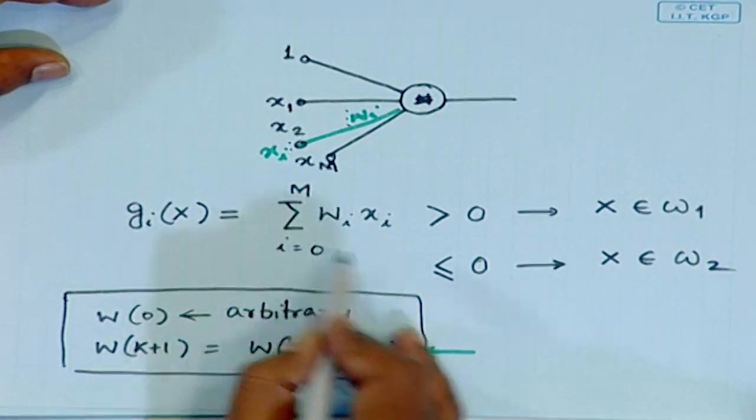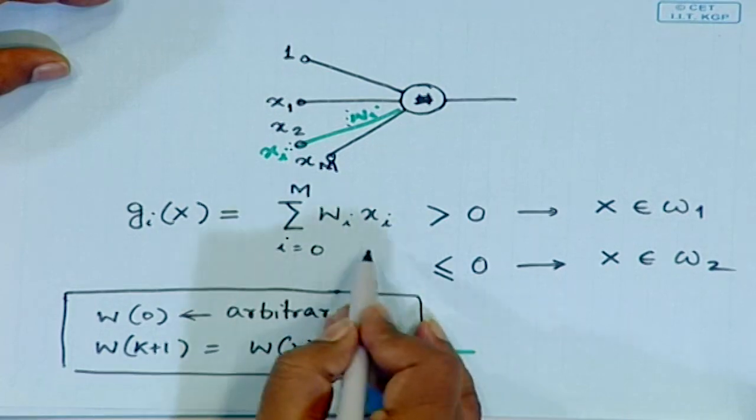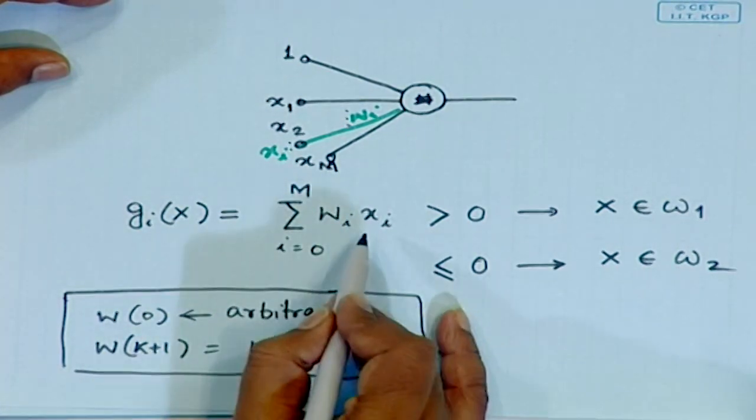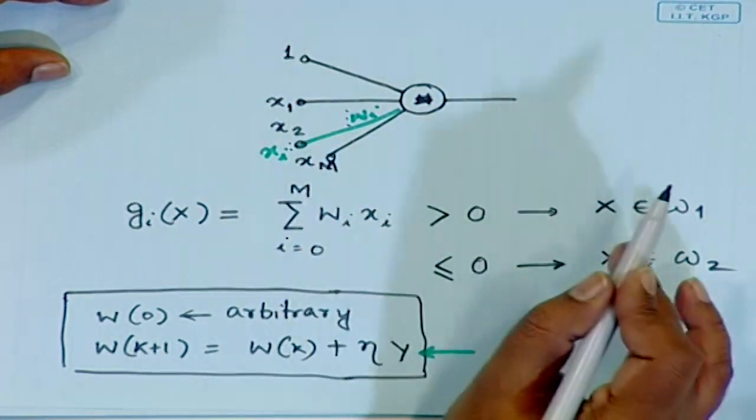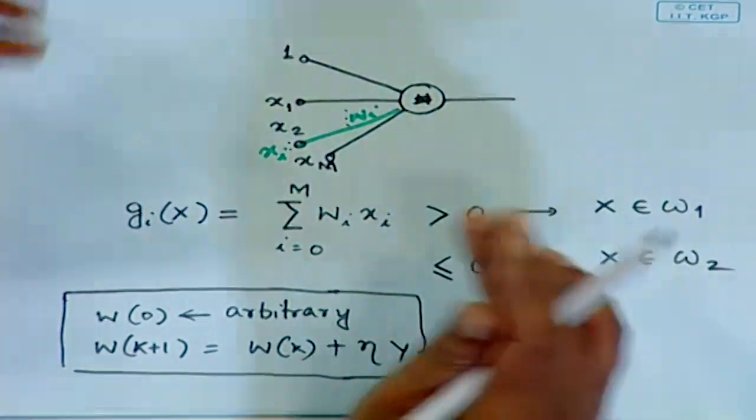If it is less than 0, the point belongs to the negative side. So this single layer, single output neural network divides the feature space into two half planes. One half is positive, the other half is negative.